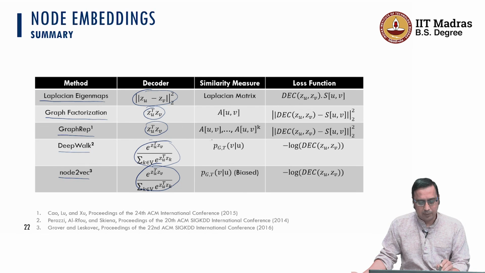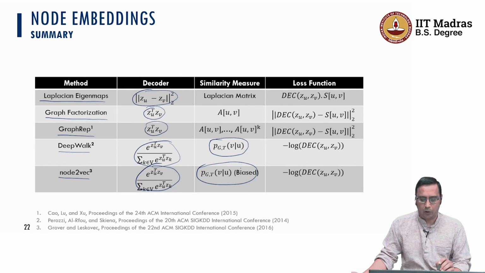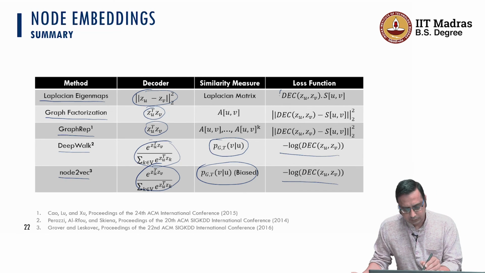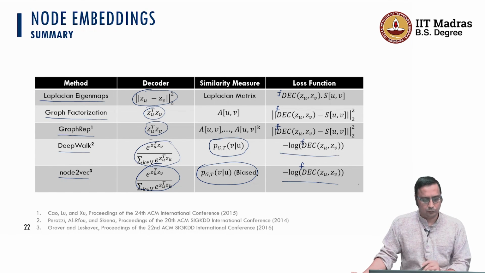The only difference is in the similarity measures used: in one we use unbiased random walks, in the other we use biased random walks, a different strategy of random walks, while the loss function remains the same. Here it is f of DEC which has to be taken care of. And these are some of the references where some of these methods have been discussed.